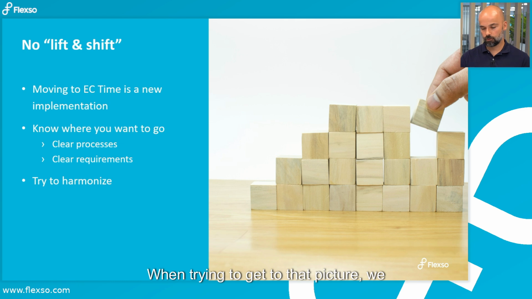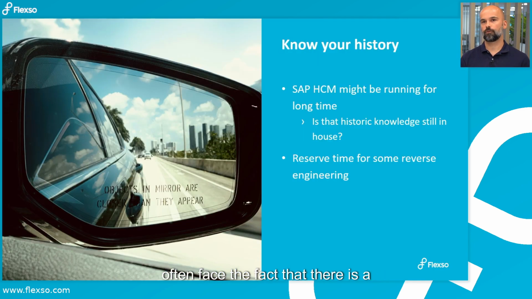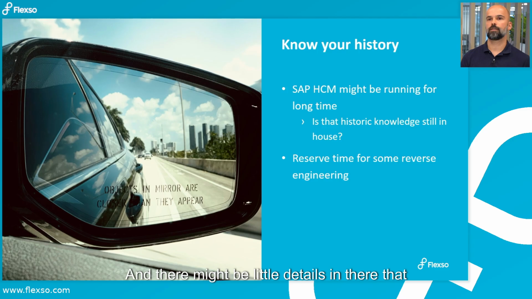When trying to get to that picture, we often face the fact that there is a long-standing history. Your current SAP time engine or other time engine might be running for quite some time, and there might be little details in there that are the way that they are. Does somebody in the company still know why it is like that?